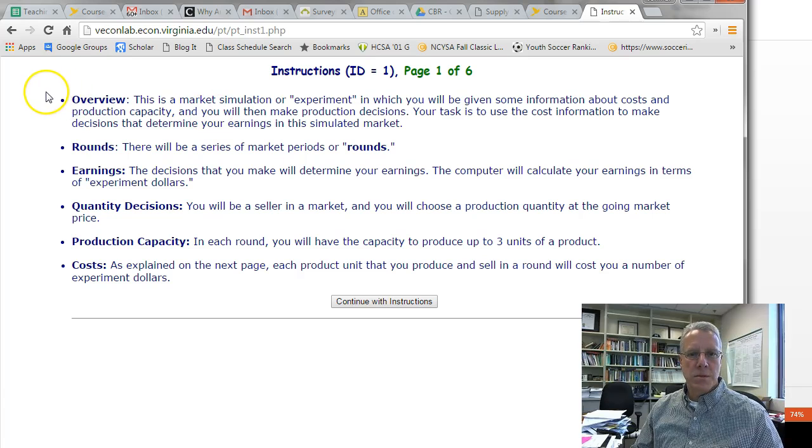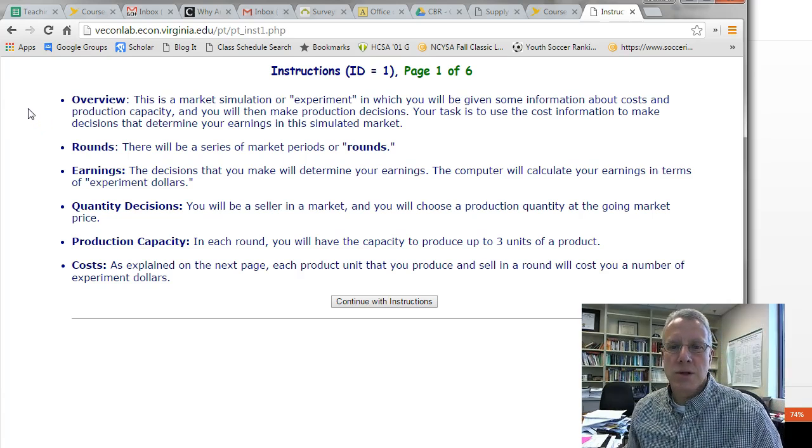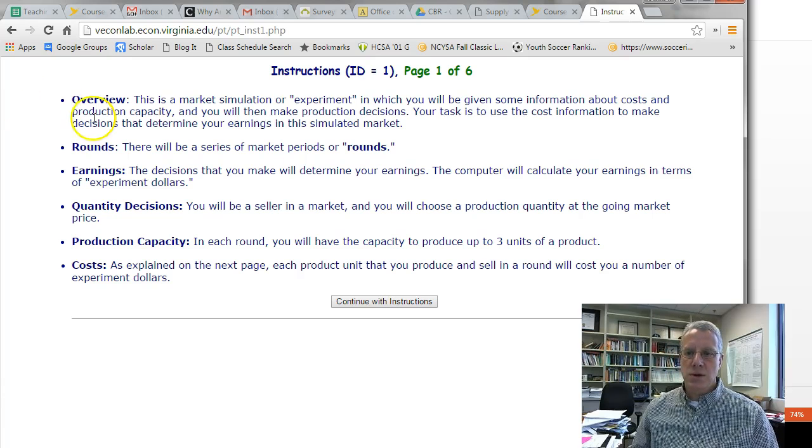Okay, so the overview. This is a market simulation or experiment in which you will be given some information about costs and production capacity, and then you will make production decisions. Your task is to use the cost information to make decisions that determine your earnings in this simulated market. Okay, there will be a series of market periods or rounds.